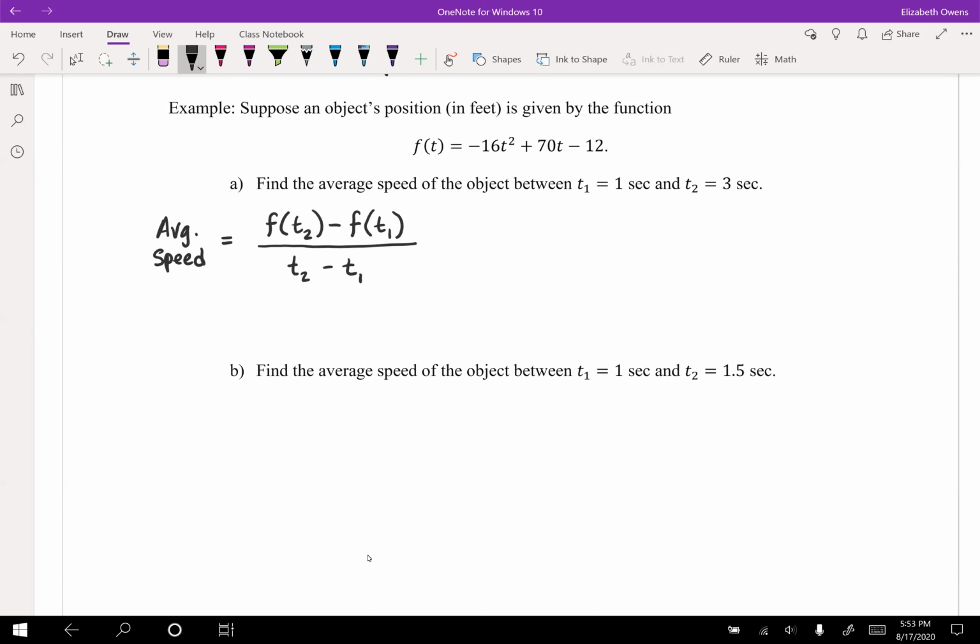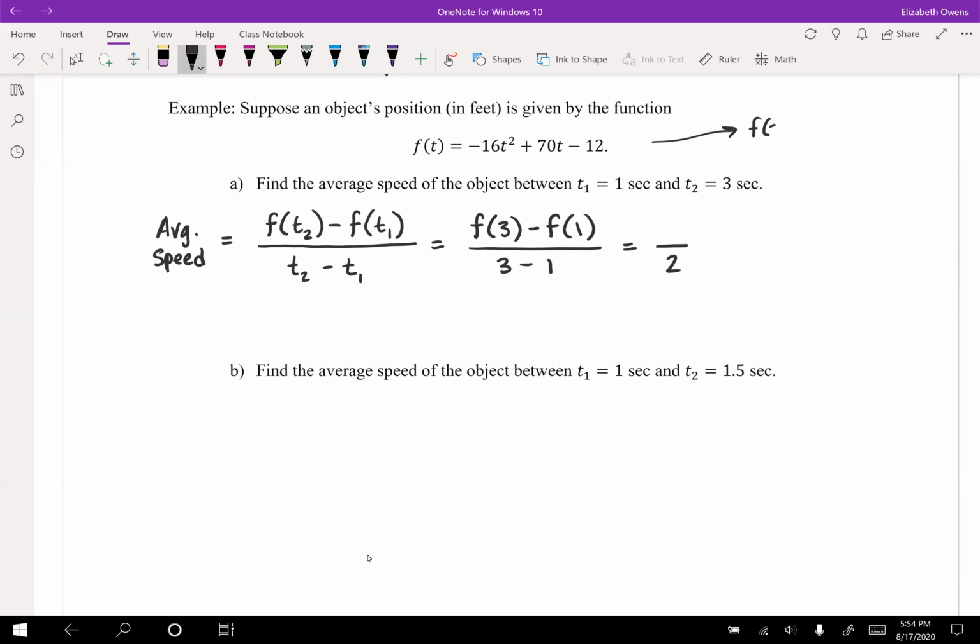All right, so plugging in our t2 and t1 values, this is going to be f of 3 minus f of 1 over 3 minus 1. To calculate the numerator, remember you're going to need to plug those values for t into the original function up here.